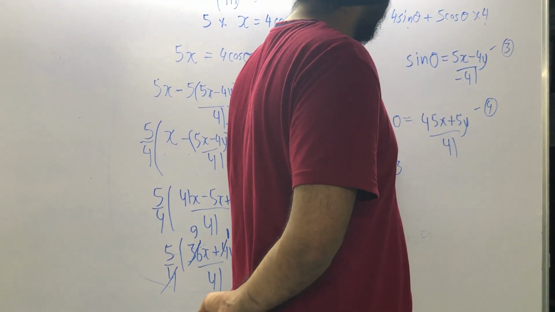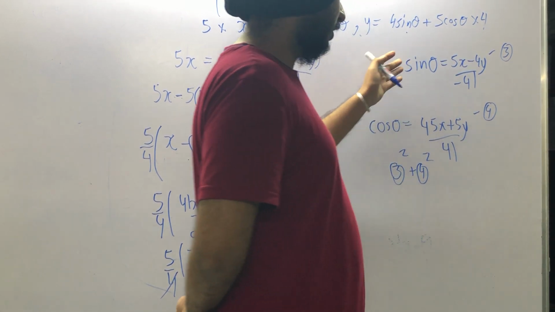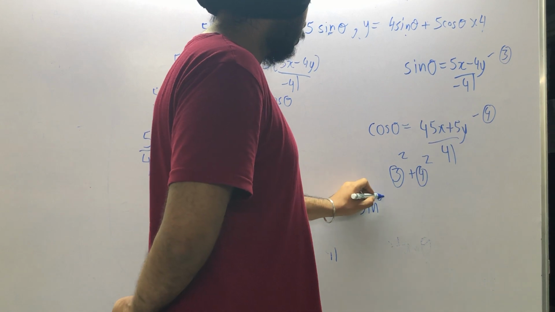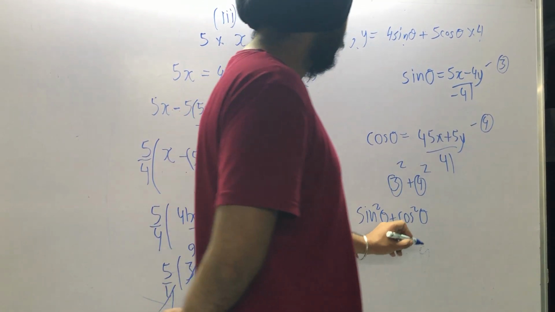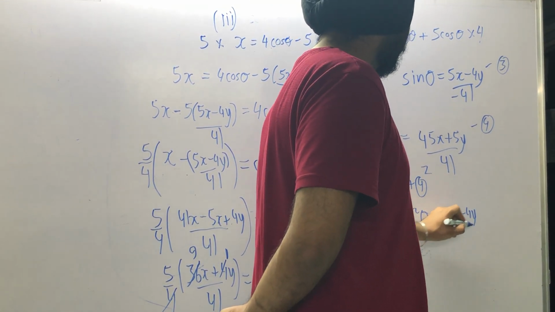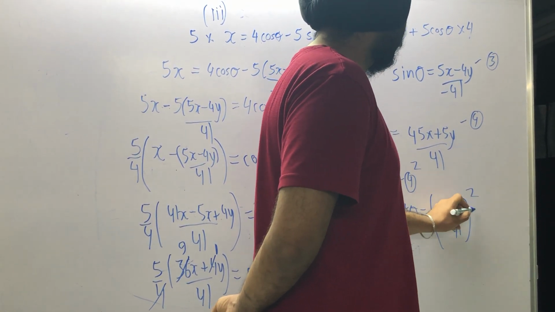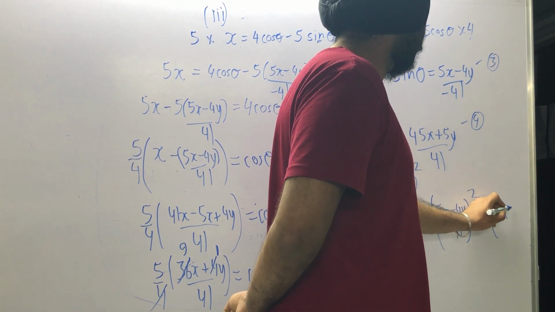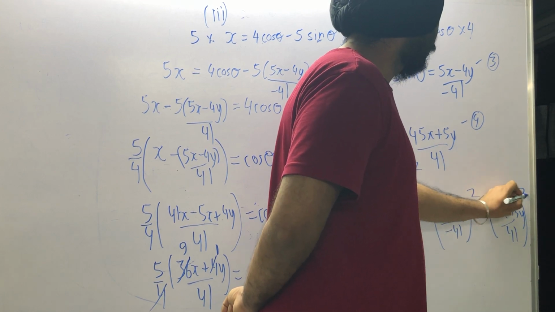So equation 3 square plus equation 4 square: sin square theta plus cos square theta is equal to (5x minus 4y) upon minus 41 whole square, plus (45x plus 5y) upon 41 whole square.